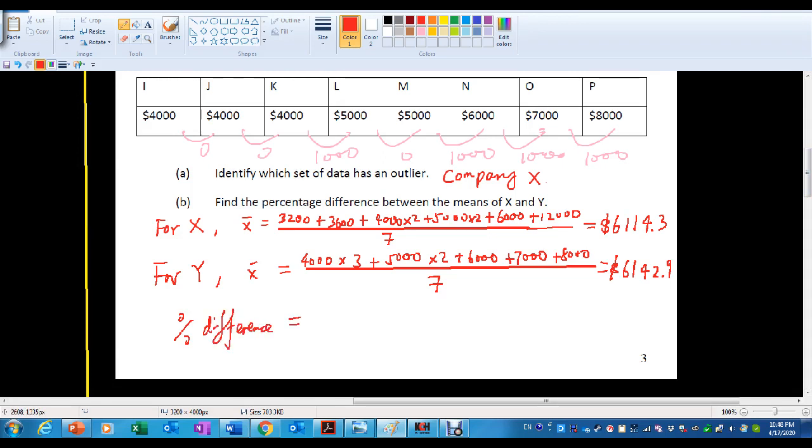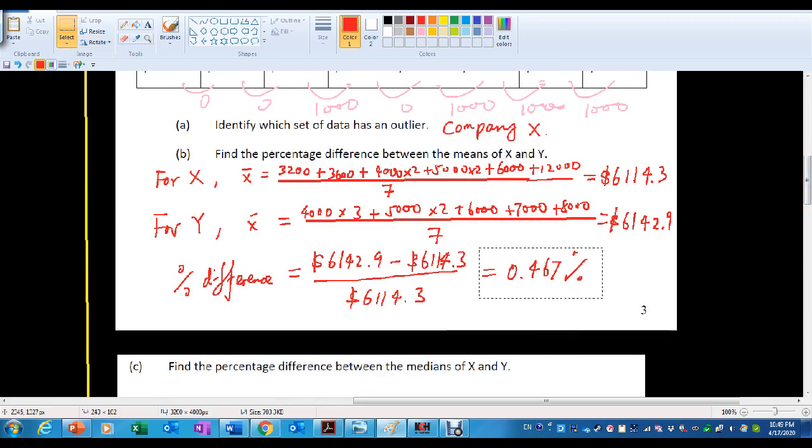We might use the bigger one, that's of Y minus that of X. Because that's about percentage, you need to divide by the value of X. I need to change that into percentage, so you need to multiply that by 100%.